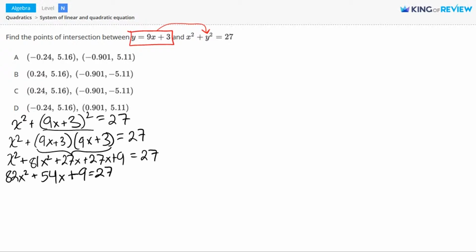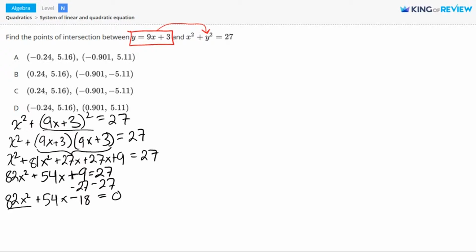I want to get a 0 on one side of the equation, so let's move this 27 over to the left-hand side. I'll subtract 27 on both sides. And now I have 82x squared plus 54x minus 18 equals 0.